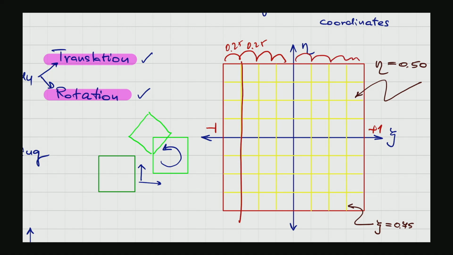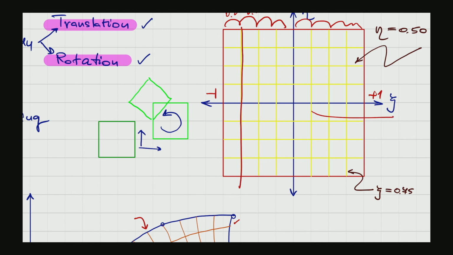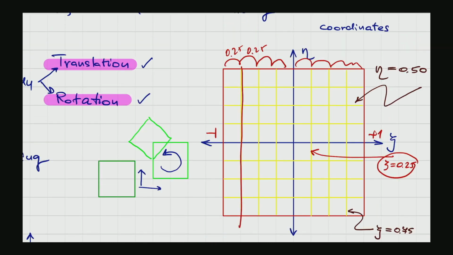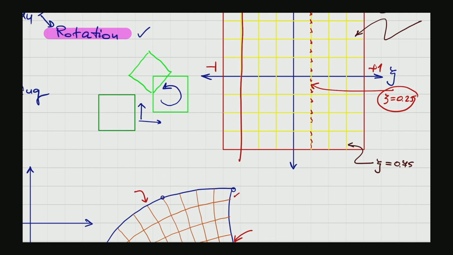Likewise, for the positive side, you get 0.25 four times. So each line here, for example, I define this line as ξ equals 0.25. As ξ equals 0.25, you can get many points along this straight line.